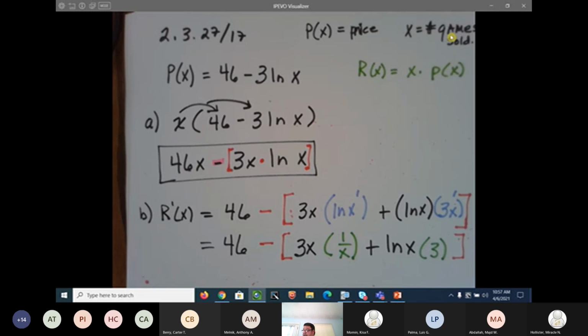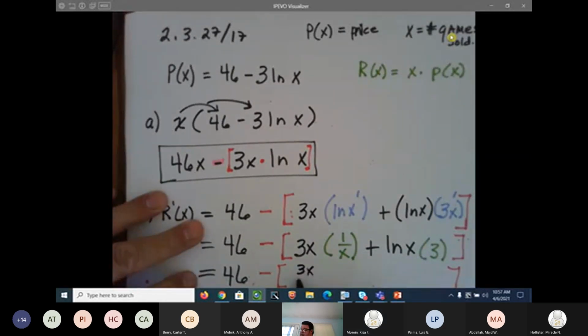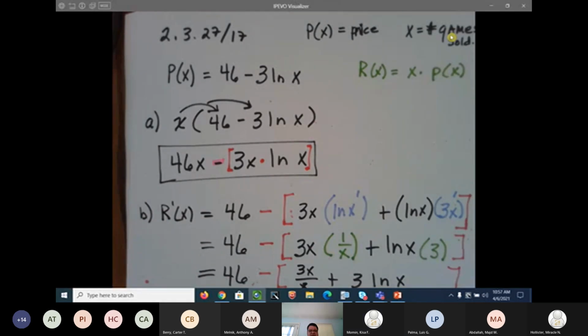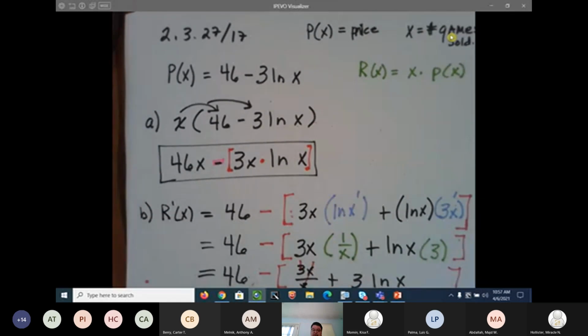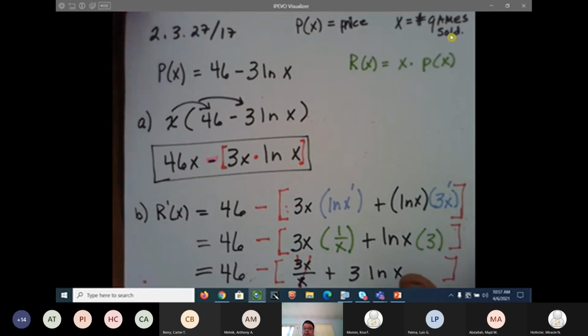So that's going to be 46 minus 3x over x plus 3 natural log of x. Now, a lot of y'all are probably saying, golly, why is he doing so many steps? Because if you don't do what you're supposed to here, you're going to screw this problem all up.